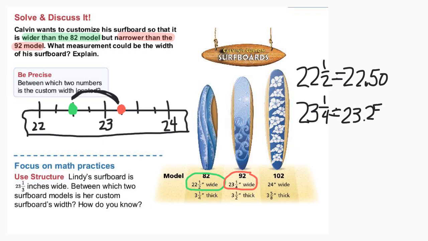So if we thought about this as money, we're looking for anything in between there. So if you have something between there, then you have the right answer. If you kept it in decimal form, you could have said anything like 22.75, 23, 23.18, any of those kinds of numbers.